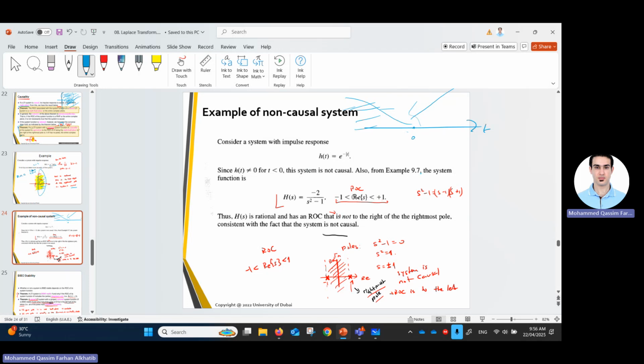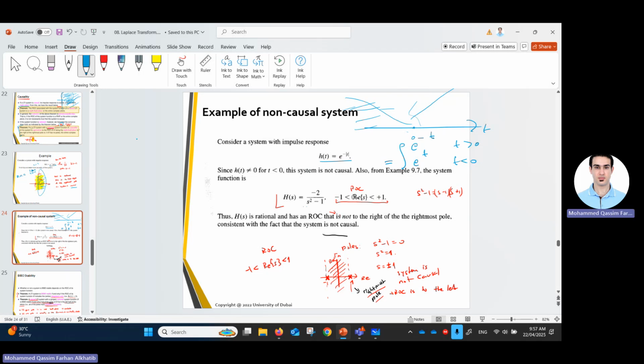Also from example 9.7, I think that's from the book, the Laplace transform for this function is this result. In fact, you can simply do it like this: h of t equals e to the power minus t for t larger than 0, and e to the power t for t less than 0, because of minus absolute value of t.